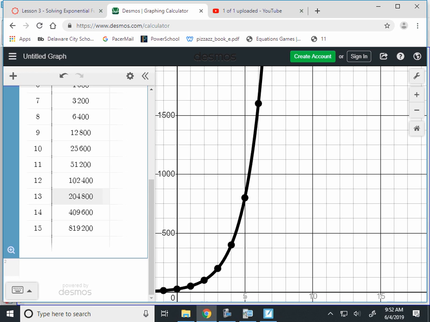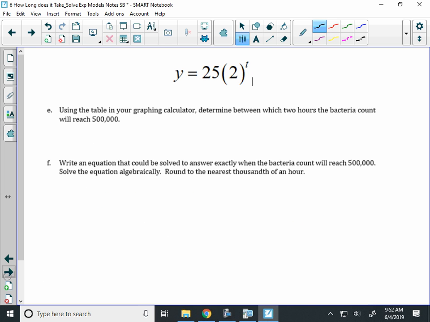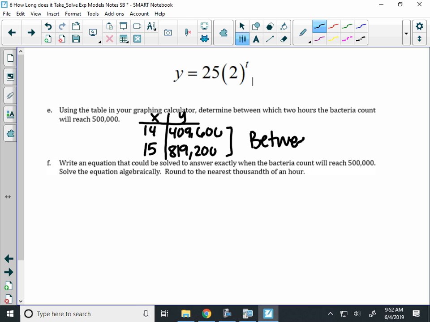It's hard to see on Desmos, but I had this table with x and y's, and at x equals 14, I had 409,600, and at 15, I had this many bacteria. So somewhere between 14 and 15 hours, I got to 500,000.